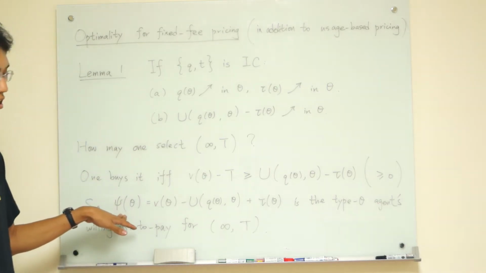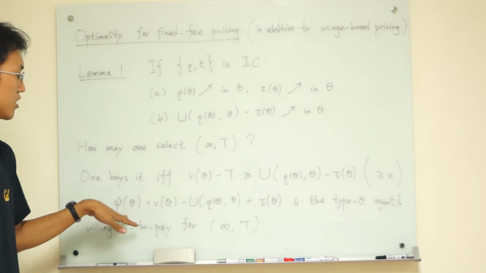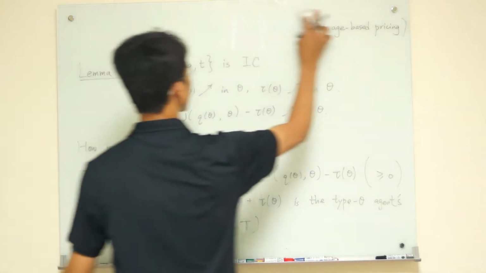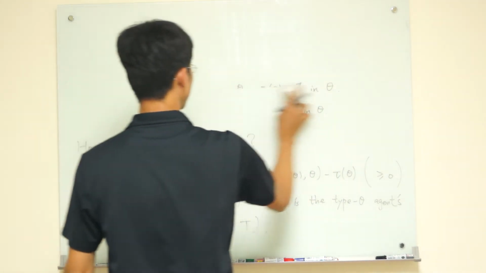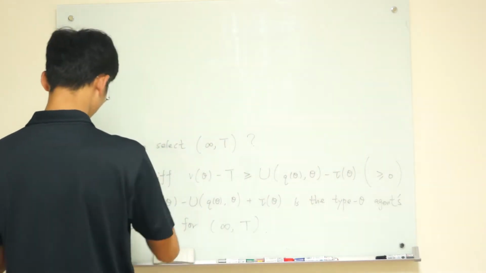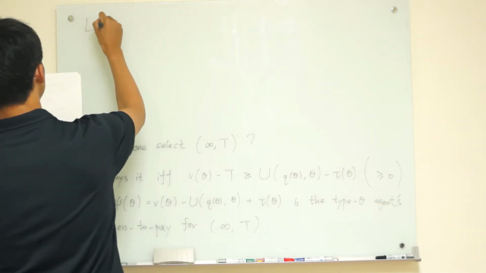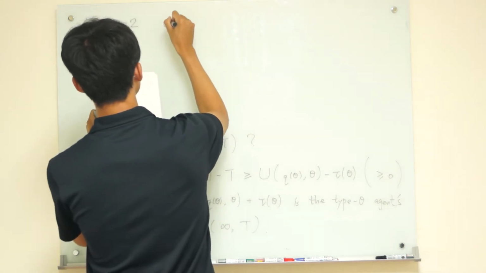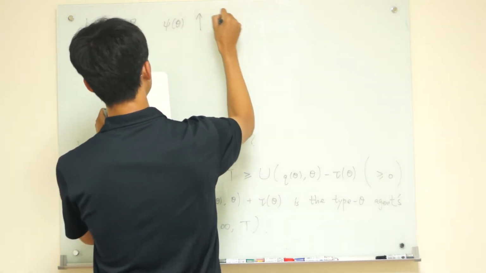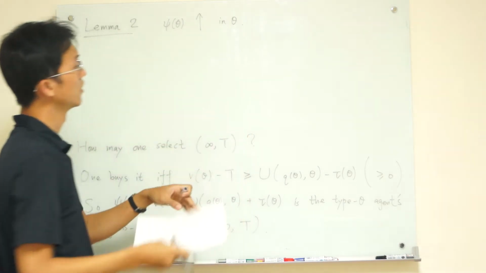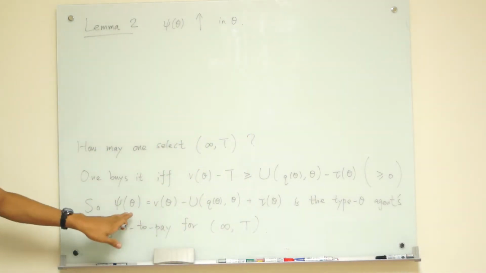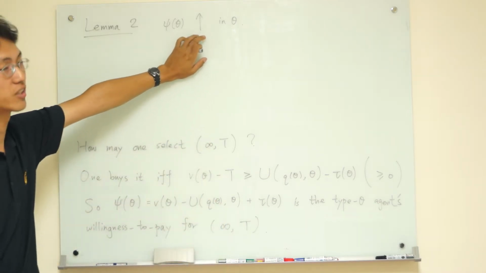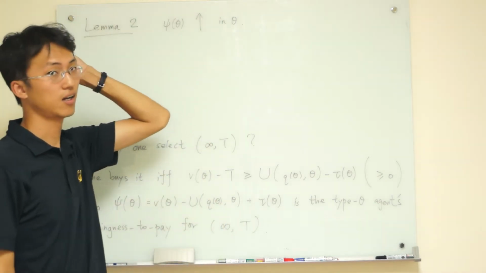Now let's write down a property for this psi function, the willingness to pay function. This property is also not very surprising. It says that the willingness to pay for the all-you-can-eat plan will be strictly increasing in theta.